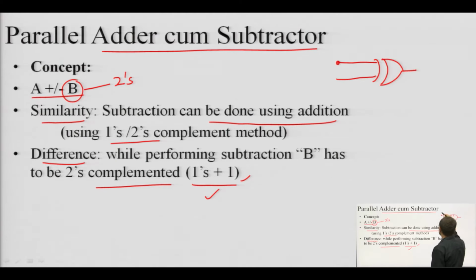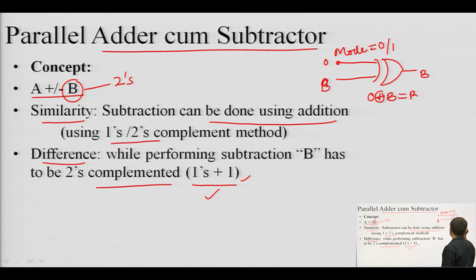So, this XOR gate will be used as a conditional complement circuit. If I fix one of the inputs as mode, and another input is named B, then if mode is equal to 0, 0 XOR B is equivalent to B, and if mode is equal to 1, then 1 XOR B is equal to B complement.